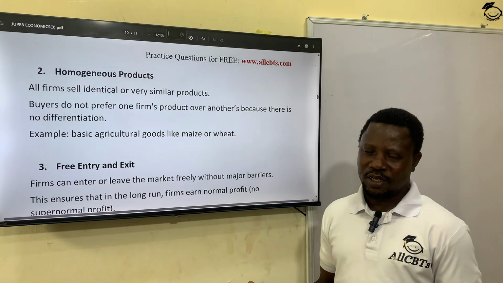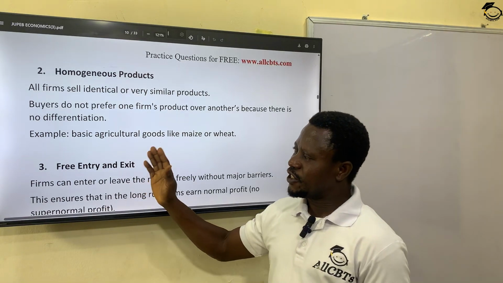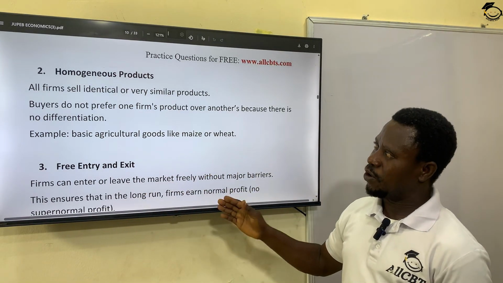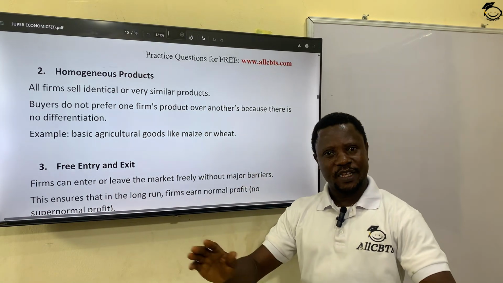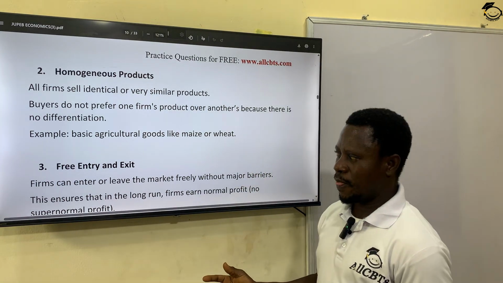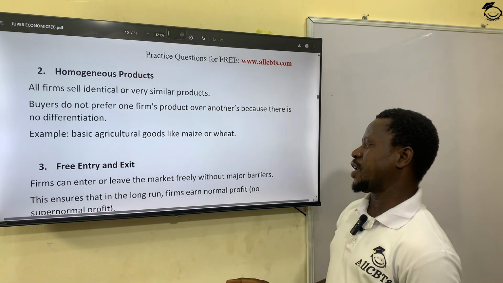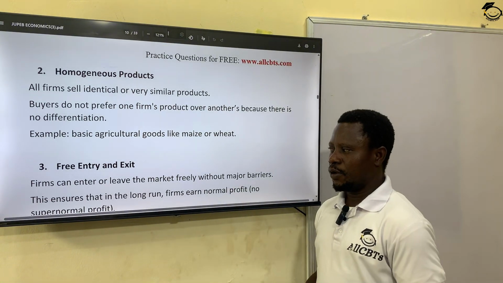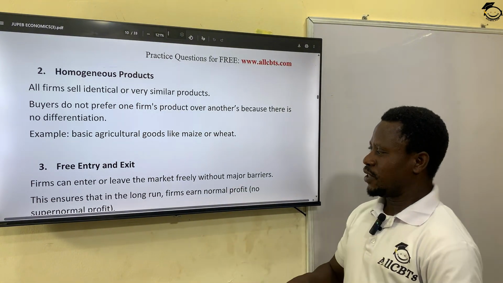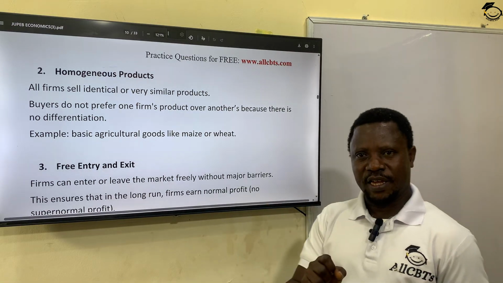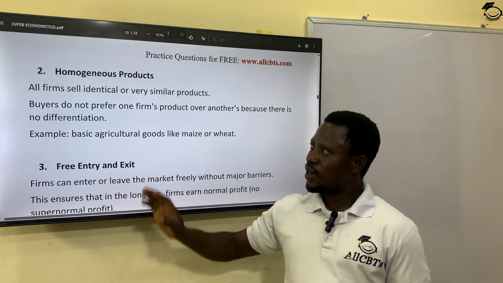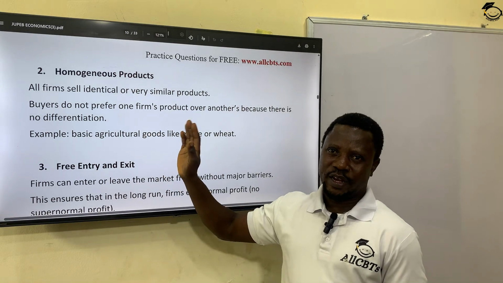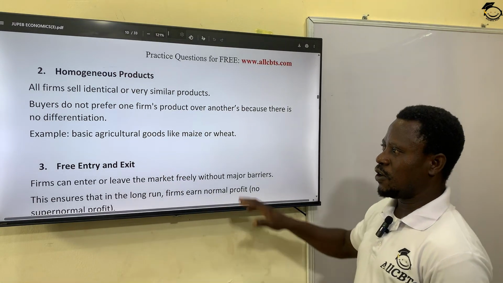The same thing with wheat, all right? Then another feature of this market is free entry and free exit. Firms can enter or leave the market freely without major barriers, okay? This ensures that in the long run, firms earn normal profit. Abnormal profit is not attainable as far as this perfect market is concerned.